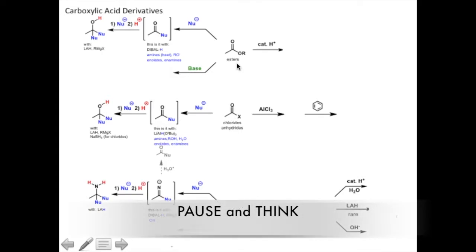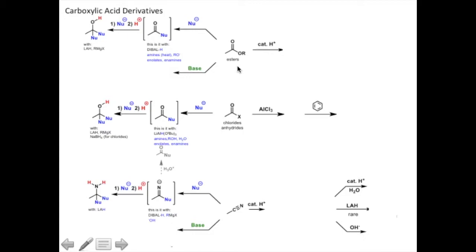What happens when bases react with these groups? What do bases do? Deprotonate. So you get an enolate here, which is capable of attacking, for example, other carbonyl derivatives. That will be Claisen condensation or aldol condensation, depending on what it attacks.